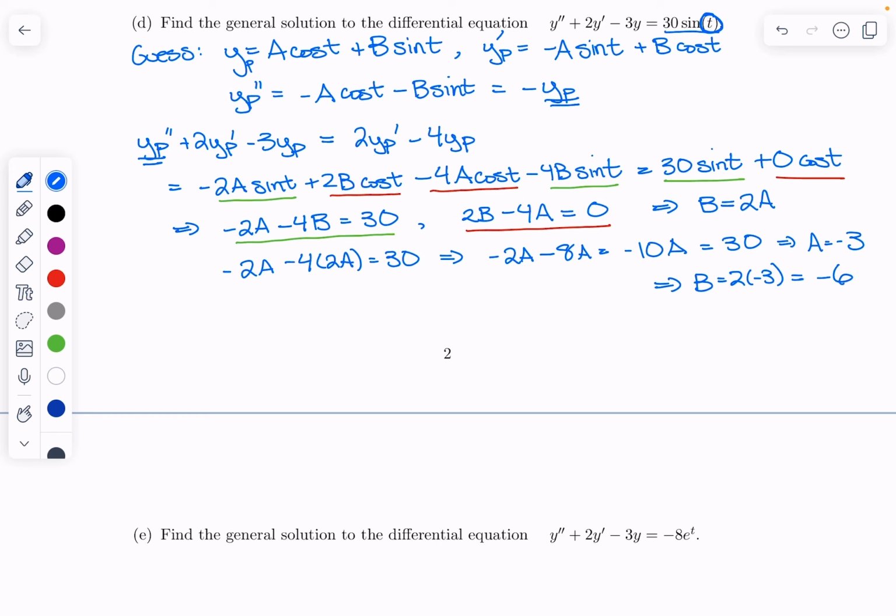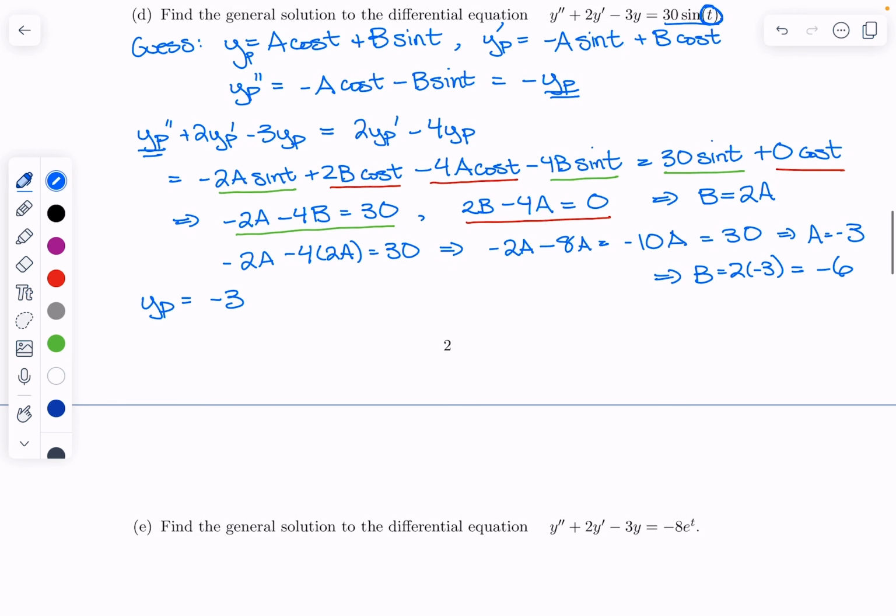So my particular solution in this case is going to be negative 3 sine t minus 6, negative 3, I got that wrong. A is the coefficient of cosine t, so negative 3 cosine t minus 6, that's b sine t.